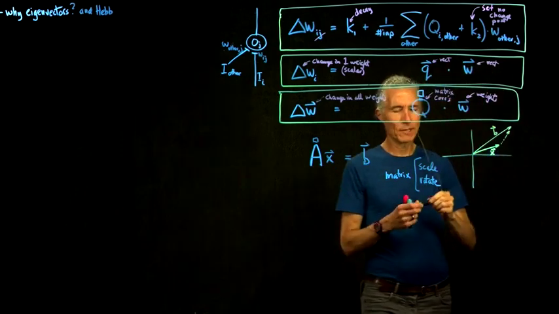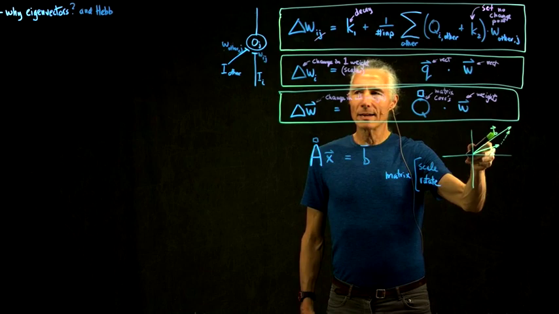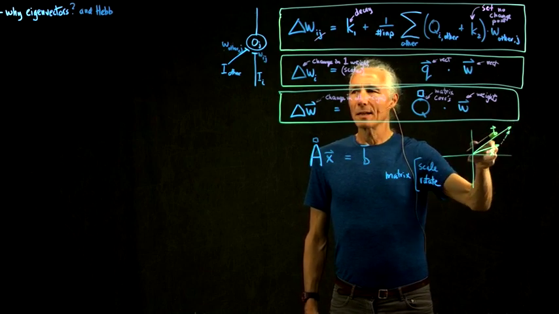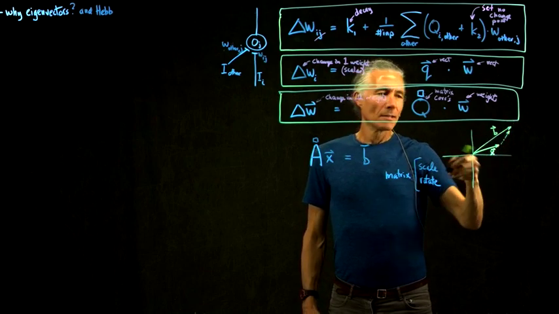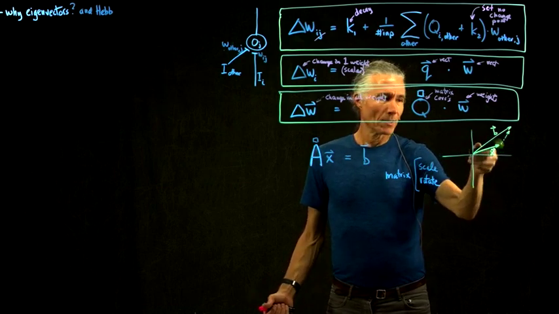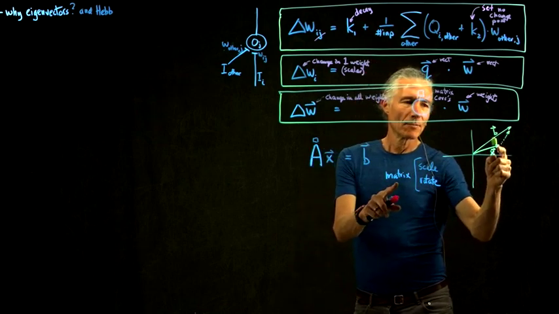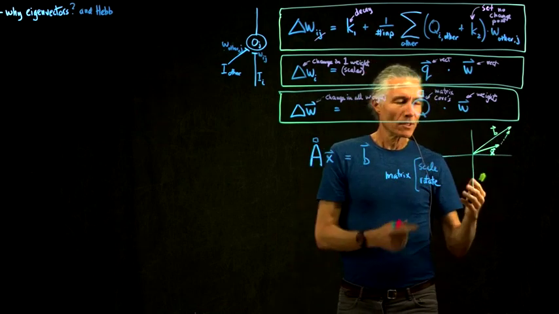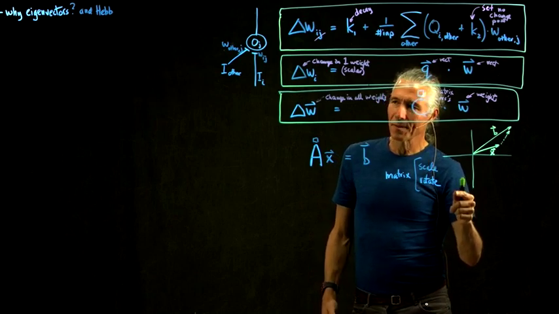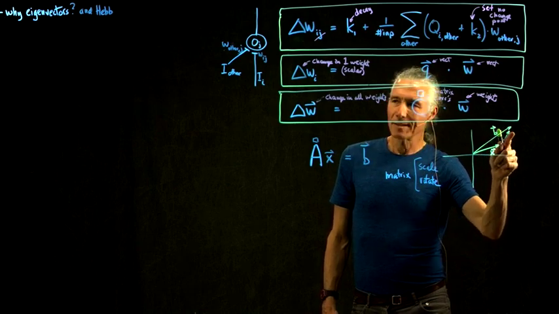What did it do to that vector? It rotated it a little bit, and it stretched it. It could just stretch it, it could just rotate it, or any combination. The matrix has the potential to move this vector anywhere else. Of course, if you have another vector, it's going to get moved to a different place, which will be related to the different place that this one got moved to.